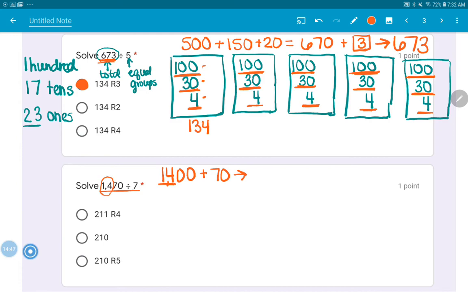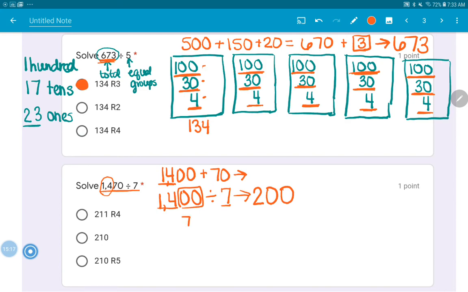I can do that because 1,400 plus 70 equals 1,470. So now I'm going to divide those parts. If I do 1,400 divided by 7, I know that 14 divided by 7 is 2. And I have 2 zeros at the end, so that will be 200.